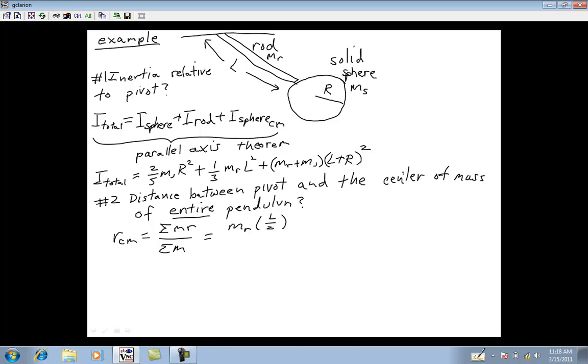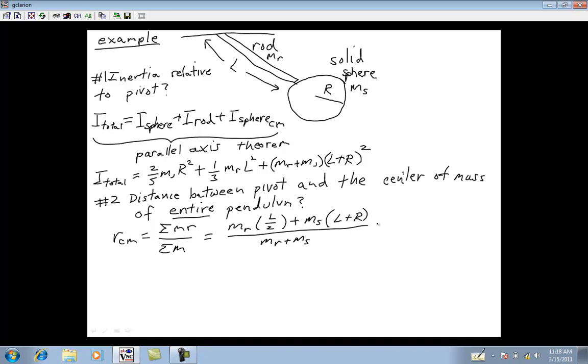For the sphere, I multiply its mass by its distance to the pivot point, which is L plus R. Then I divide by all the masses, m sub r plus m sub s.